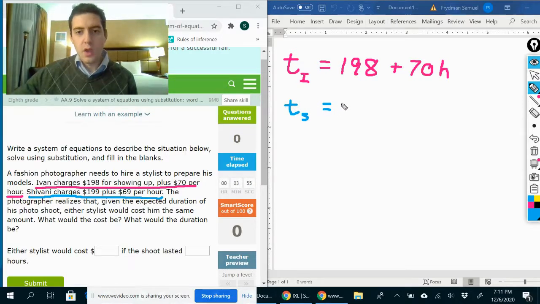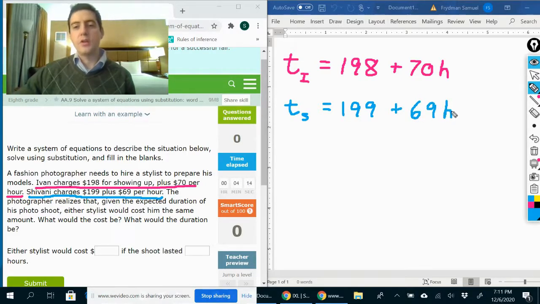That's equal to $199. So you show up at Shivani's, I don't know, style of, what do you call this? Salon, I guess. You show up at the salon and Shivani automatically charges you $199. Plus, you have to pay $69 times however many hours you were there.